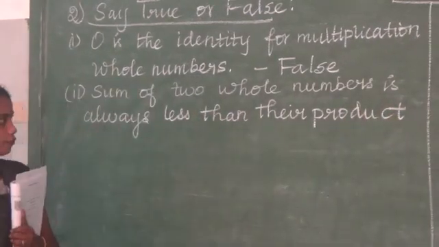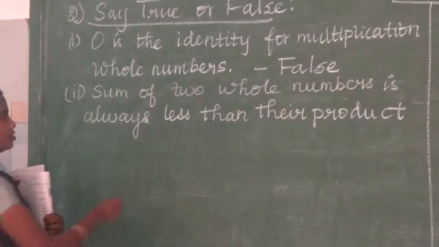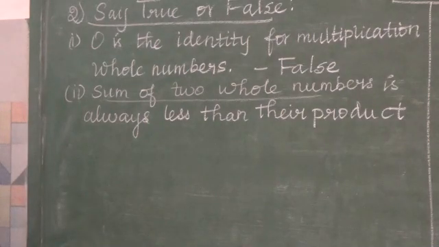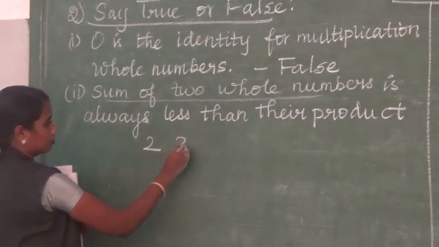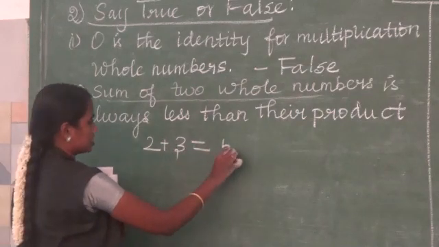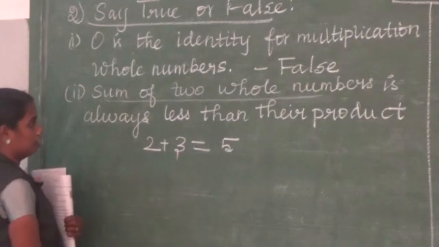Take any two numbers. I am taking 2 and 3. Sum means addition, so 2 plus 3 is 5. With the same numbers go for the product.